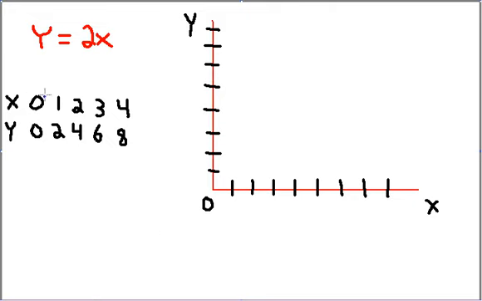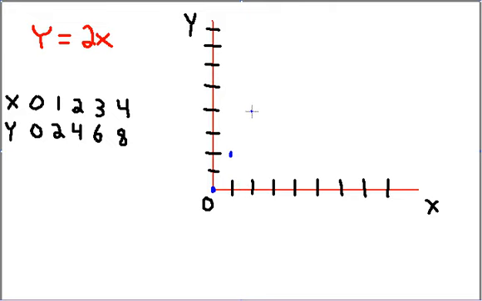Our first ordered pair, when x is 0, y is 0. So that's our first point right there. Our second point, when x is 1, y is 2. So we come to our origin, go over 1 for x, and up 2 for y. So there's that point. Our next point here is 2 for x and 4 for y.